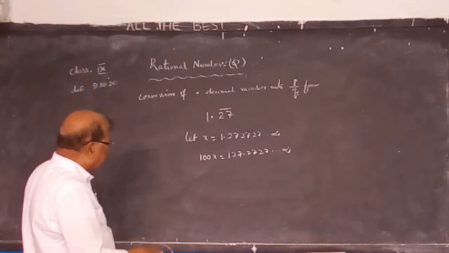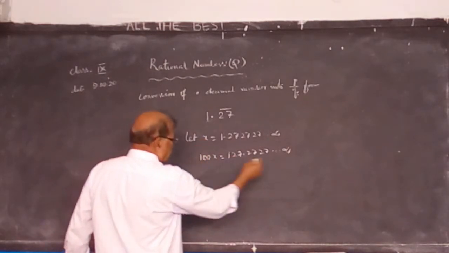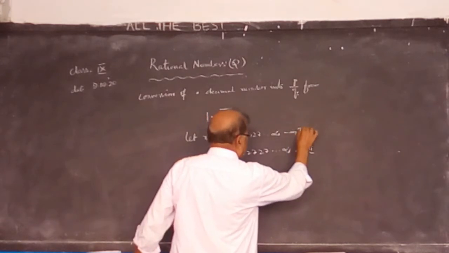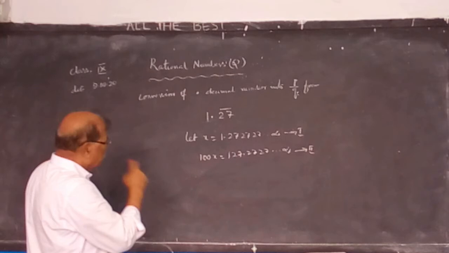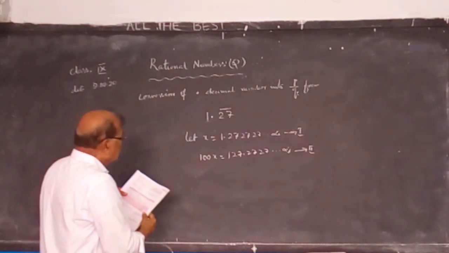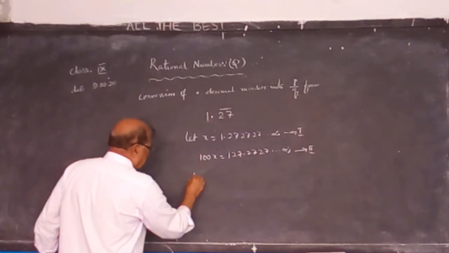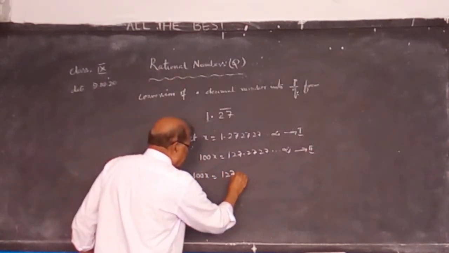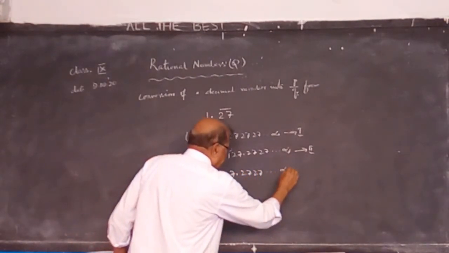Now subtract. 100x is equal to 127.2727 up to infinity.